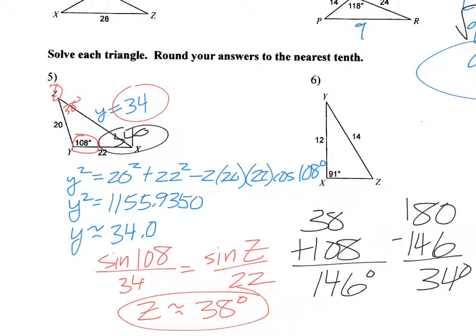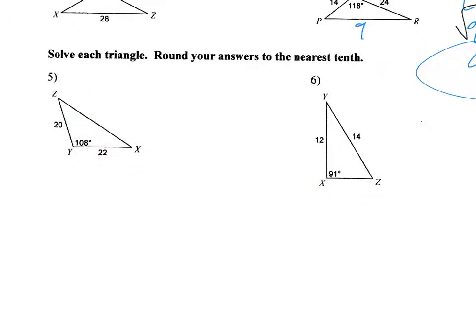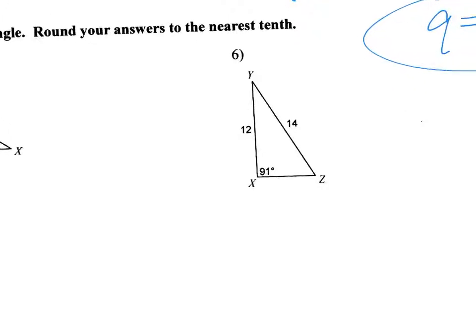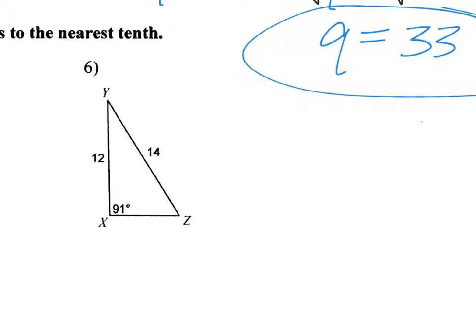Okay. So this is a real long video, and I apologize, but there's just no way of getting around it. So I'm going to do the next one. And all I'm going to do here is set them up for you and then show you what you should get as far as your answer. So in this one, because I know an angle and its side, I can do law of sines.